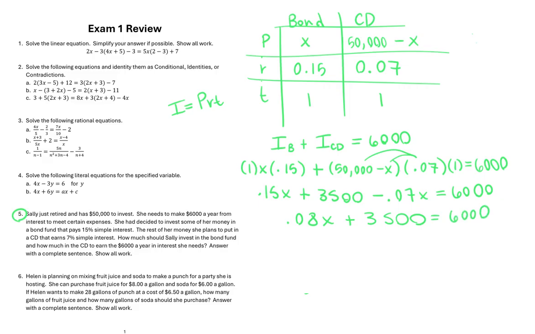And then we subtract 3,500 from 6,000, and we get that 0.08x equals 2,500. Then we divide both sides by 0.08, and that gives us that x equals $31,250.